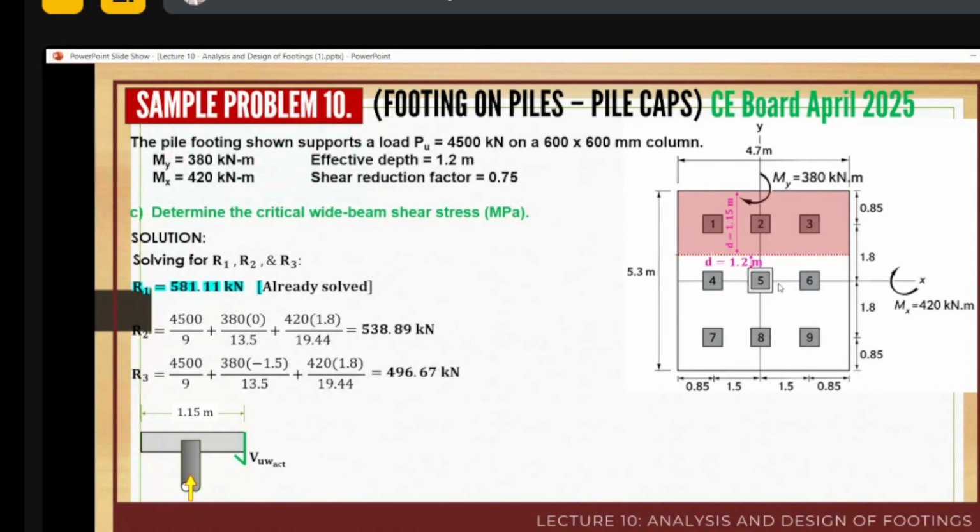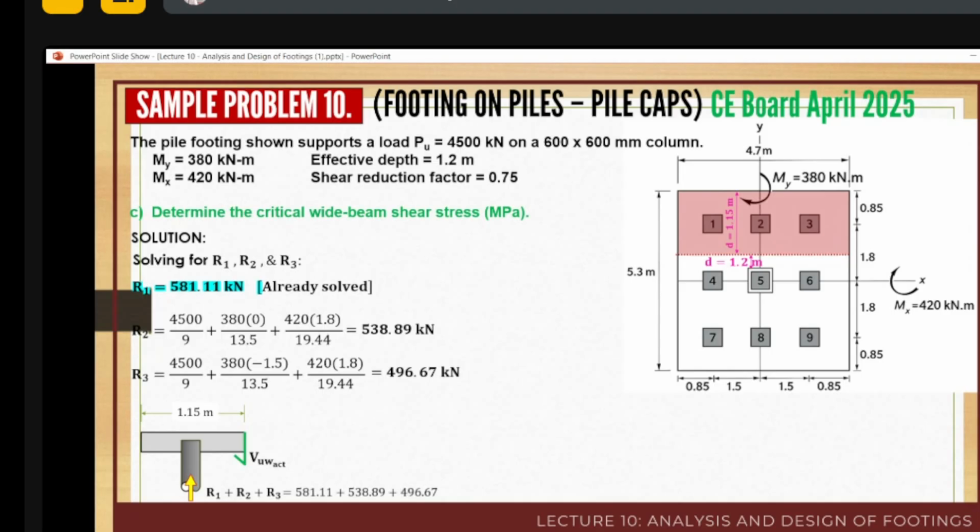For the other side, the x is minus 1.5, opposing, so minus 1.5 divided by 13.5, and 420 with moment arm 1.8 again, divided by 19.44. That is the formula we saw in the previous slide, so take note of all this.